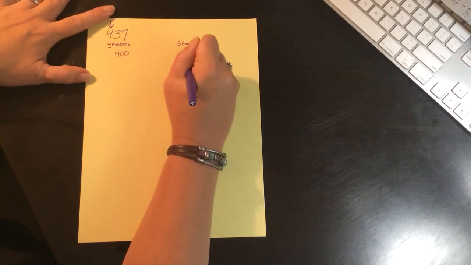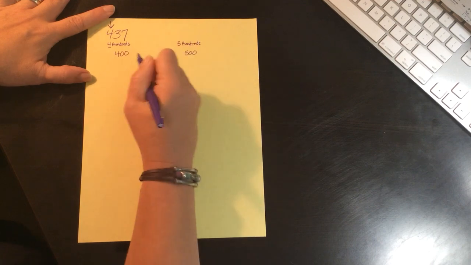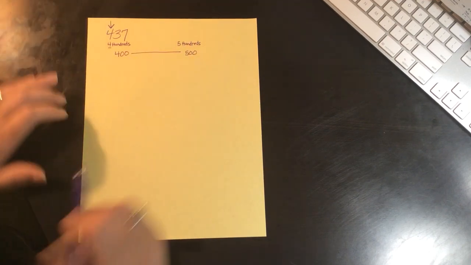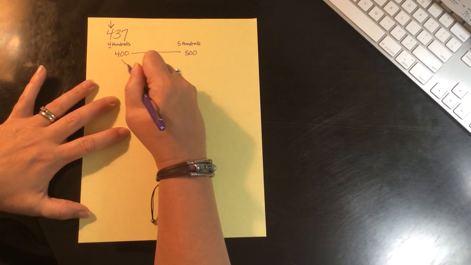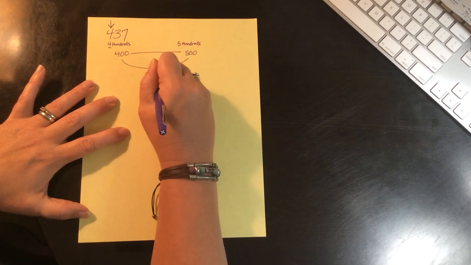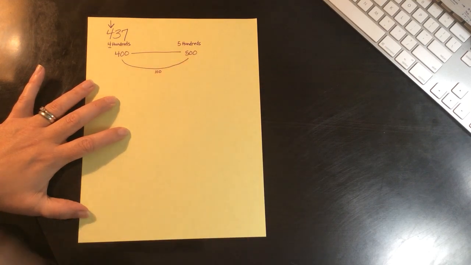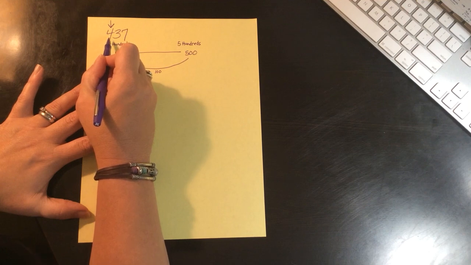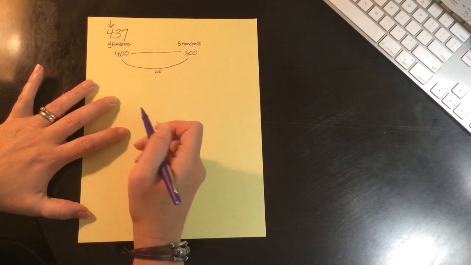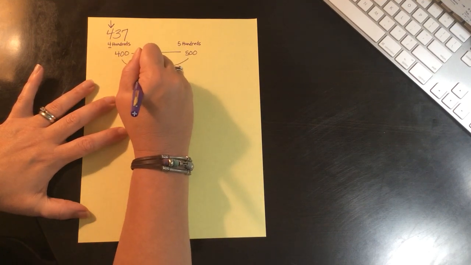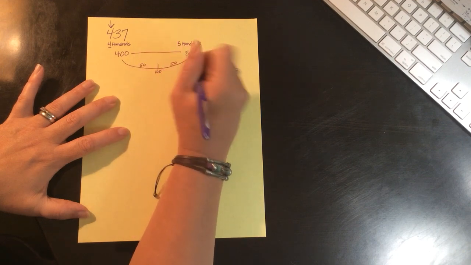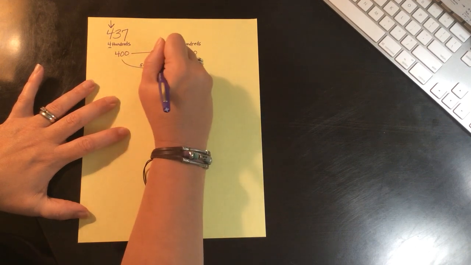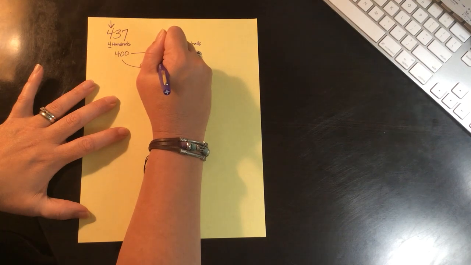So I could create a number line that looks like this. The span of this number line is 100 because we're rounding to the hundreds. So the span will be 100, which means half of that is 50, and 400 plus 50 is 450.